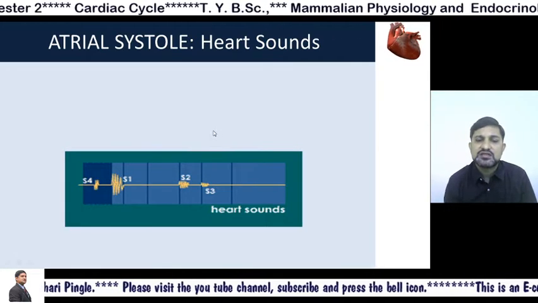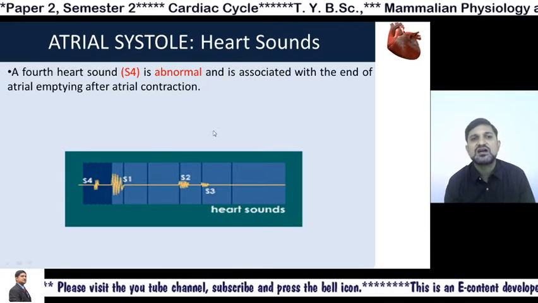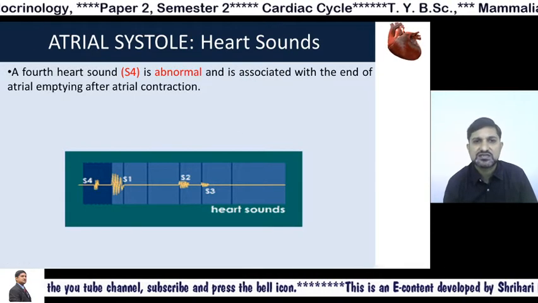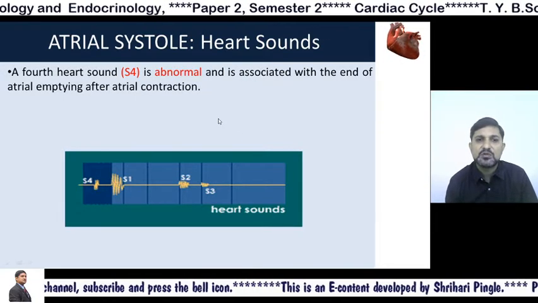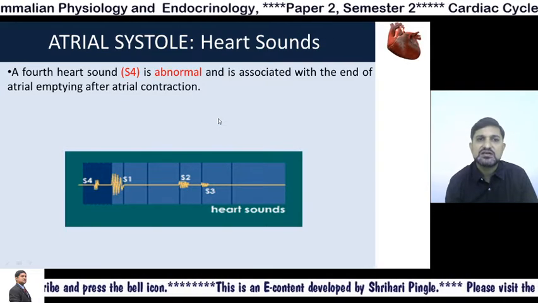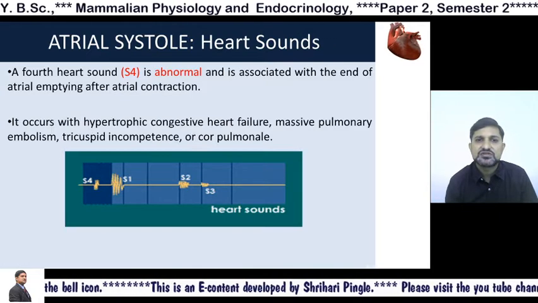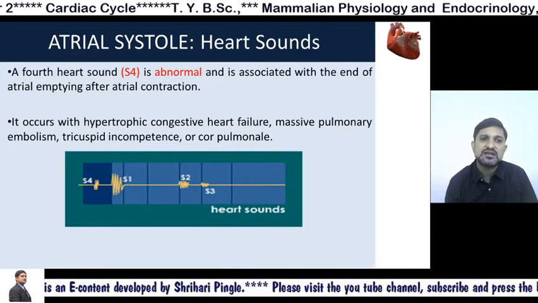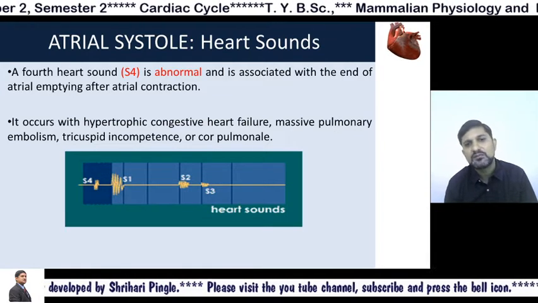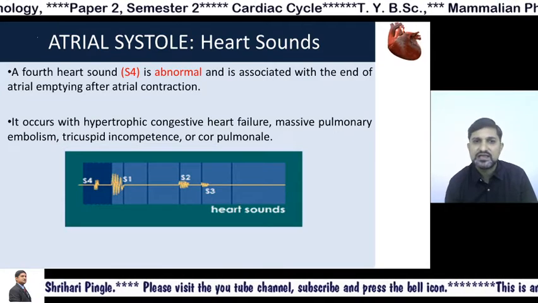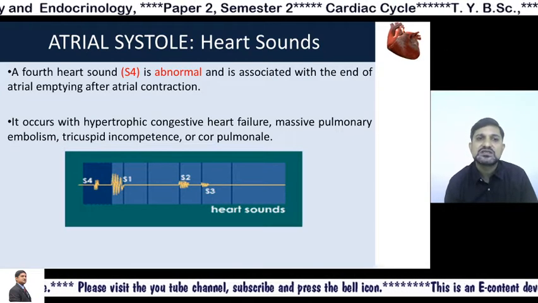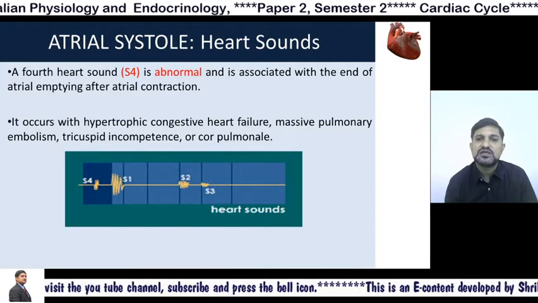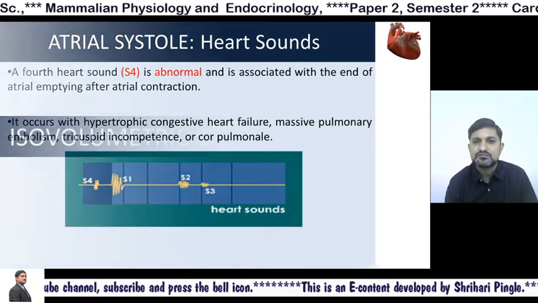So the fourth heart sound S4 occurs under abnormal conditions as a result of atrial systole. During congestive heart failure, massive pulmonary embolism, tricuspid incompetence or cor pulmonale, you can observe this abnormal heart sound S4.